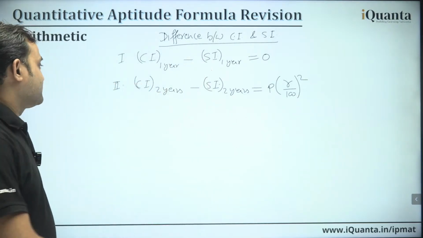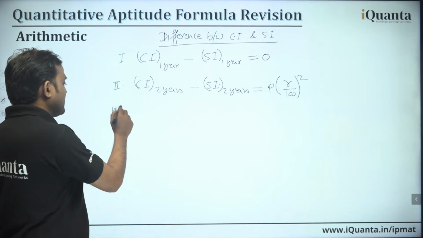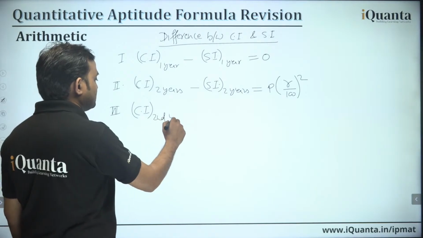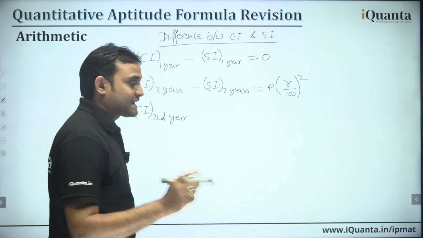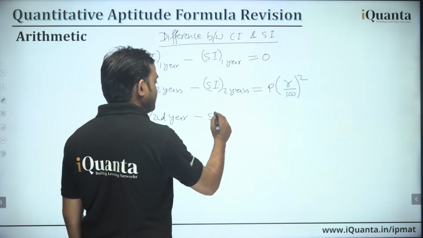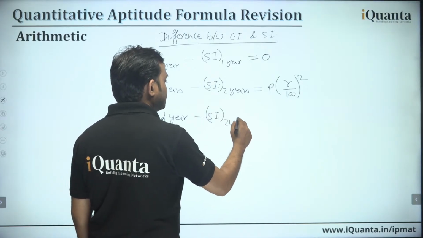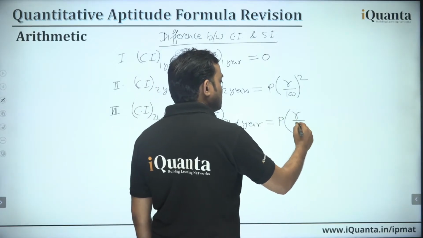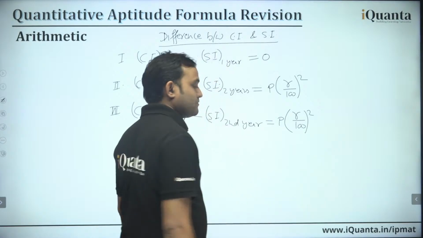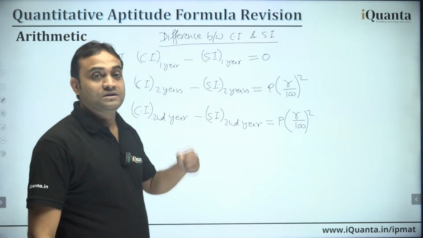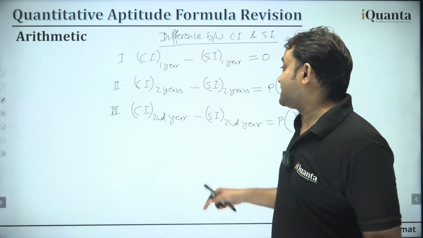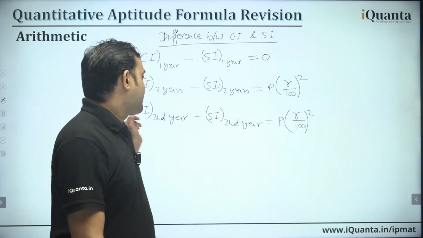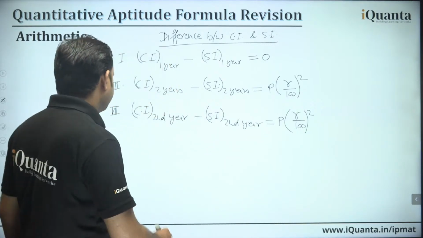Okay, and this we can improvise a little bit, that compound interest for only the second year minus simple interest for only second year will also be equal to P into (R by 100) whole square. Why? Because for the first year, the difference is 0. So whatever difference is there after 2 years in total, it's because of the difference in the second year.